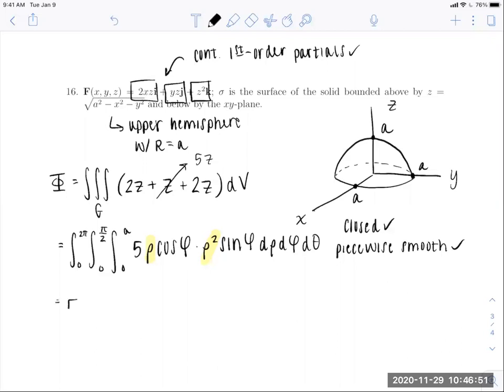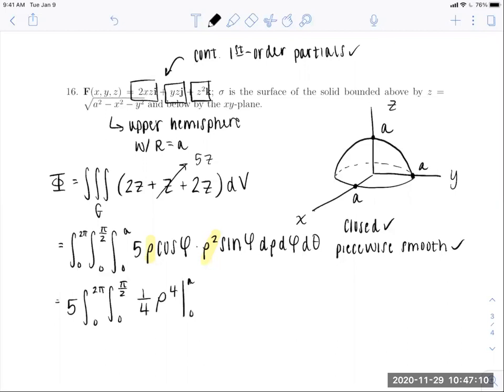Now, if you want, you can pull your 5 out front. That's a personal preference. I'll rewrite my outer two integrals. And then the integral of rho cubed is 1/4 rho to the 4th, where rho is ranging from 0 to a.